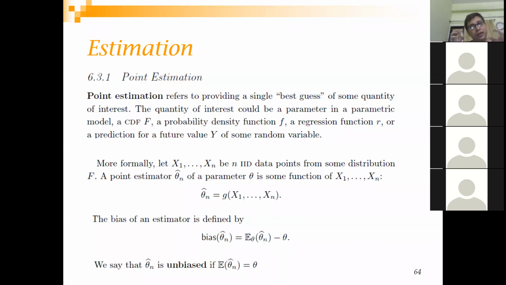This is called an estimator. If the expected value of your estimator, or the mean of your estimator, is the same as the population mean or the parameter, then you call it an unbiased estimator. And if there is a difference, then you call that a bias.